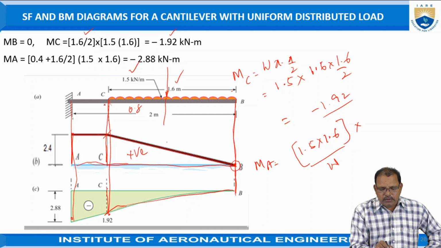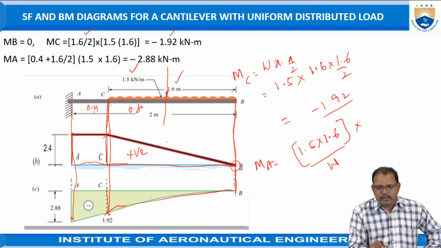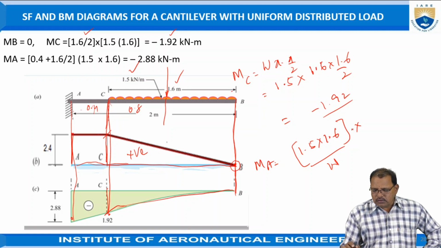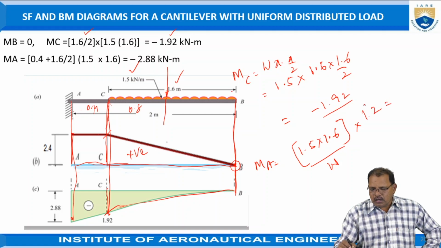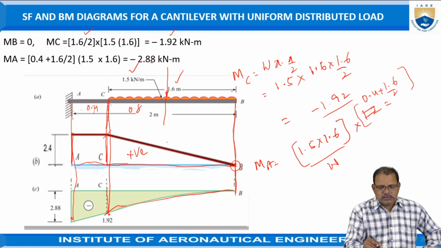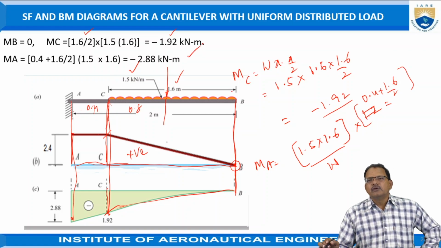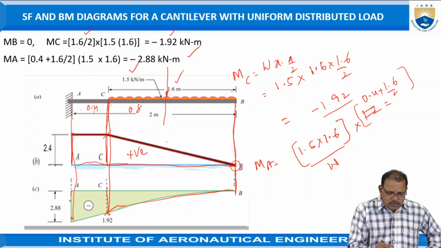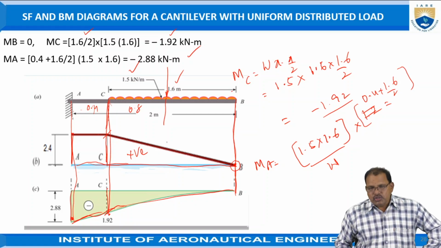The remaining length is equal to 0.4. Total length is equal to 0.4 plus 0.8, which is equal to 1.2. You can take it as 1.2, or in other words, we can take it as 0.4 plus 1.6 by 2. So from this relationship we got minus 2.88 kilonewton meter. So just take these values, join these points again by using the parabolic curve. This curve is known as the bending moment diagram.